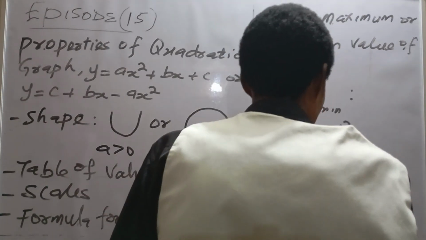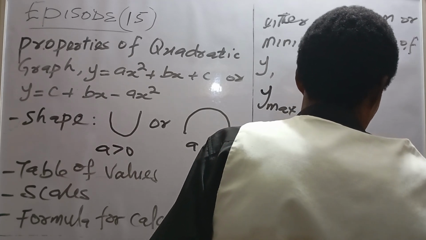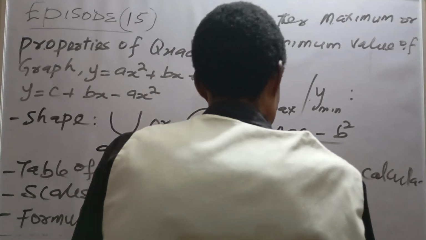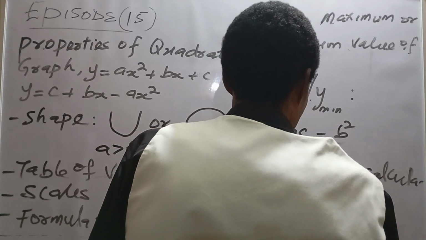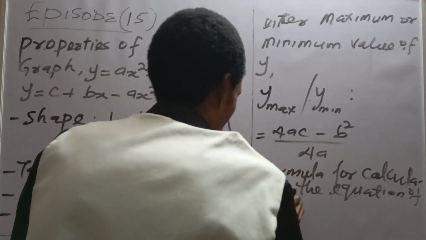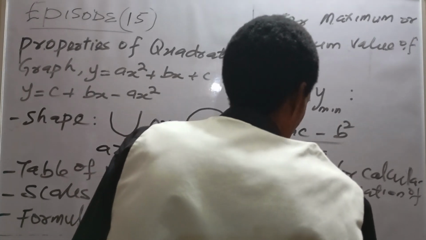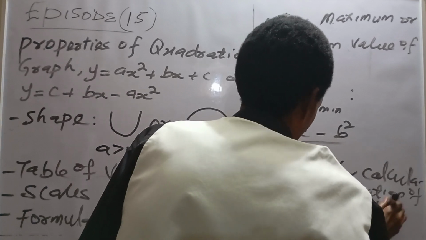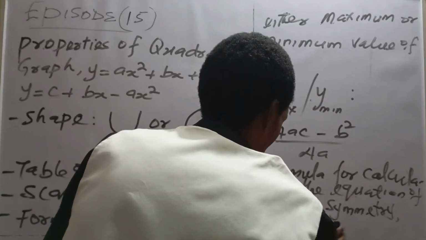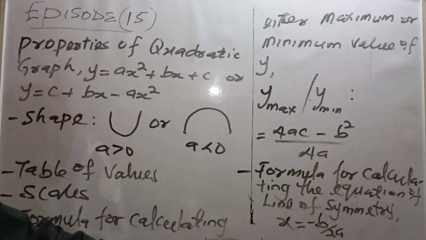Formula for calculating the equation of line of symmetry, which is always x equals minus b over 2a. Okay?